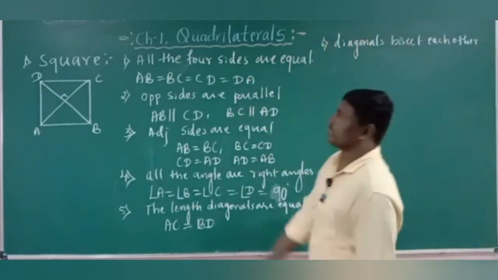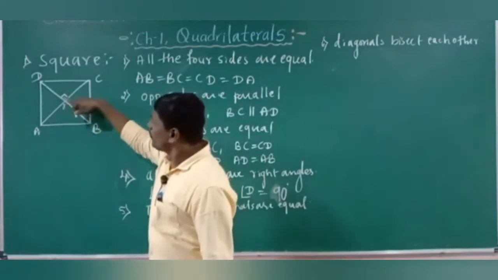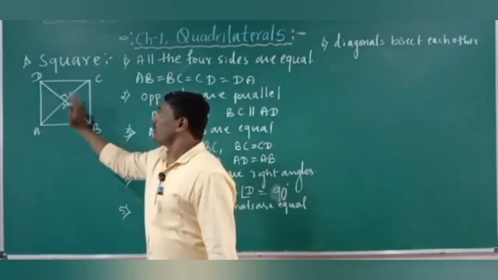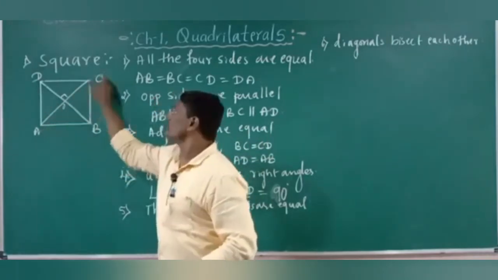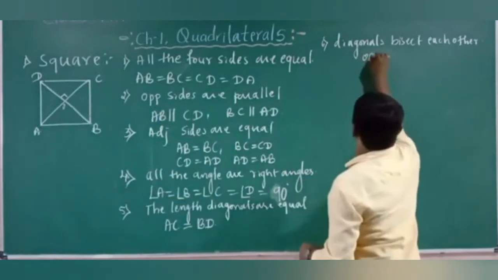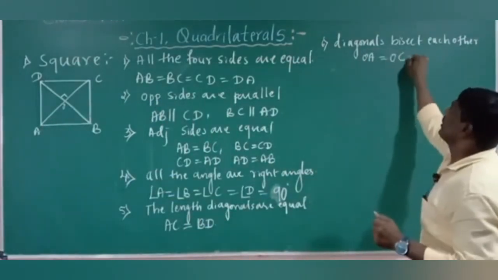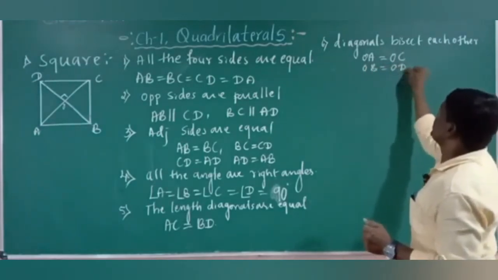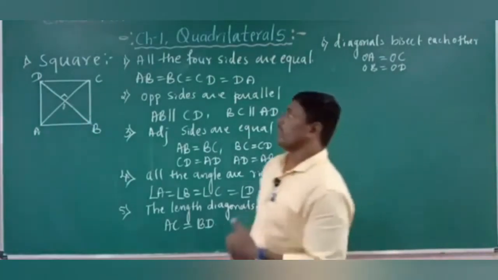Diagonals bisect each other. Means here the point of intersection is considered as O. Then each diagonal is divided into two equal parts. So OA is equal to OC and OB is equal to OD. These are the bisected parts of each diagonal.